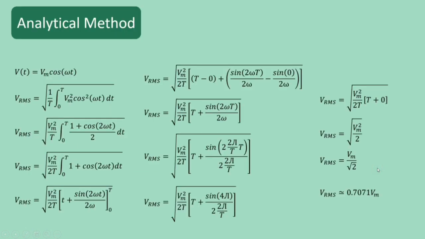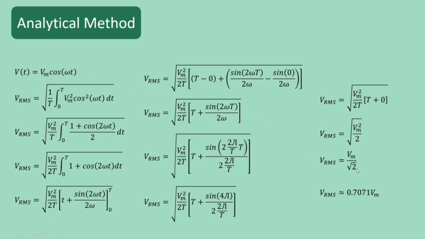The analytical method, on the other hand, is suitable for pure sinusoidal waveform and involves calculus. It defines the RMS voltage using an integral of the square of instantaneous values over a full cycle. For a sinusoidal waveform, that we have the equation right here, the formula simplifies to this.